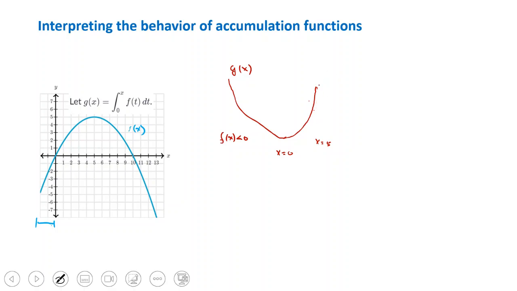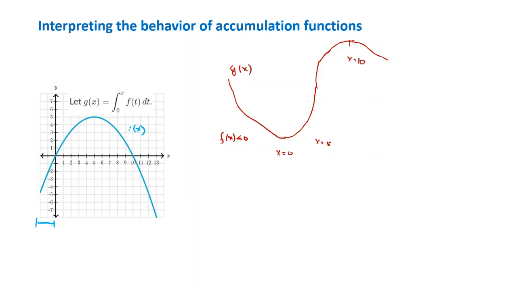Meaning that it goes there, and then at 10 it changes from positive to negative. So at 10 there is a local maximum. Probably this is at x equal to 10.